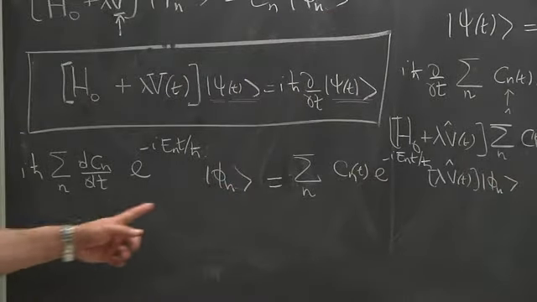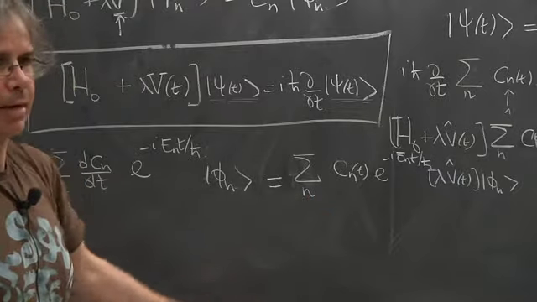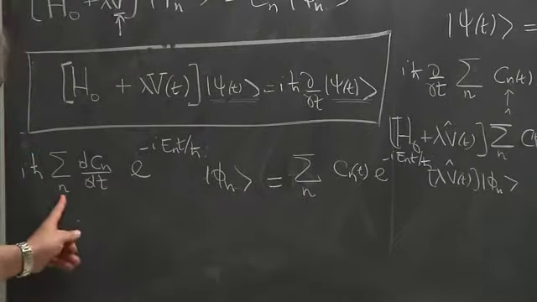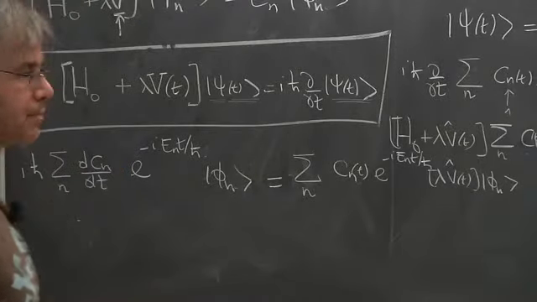Now, these are sums over n, but they are just dummy labels. I might call this sum over n, sum over m, whatever.